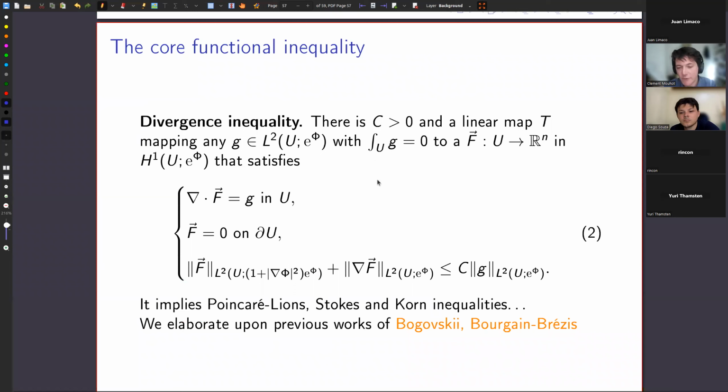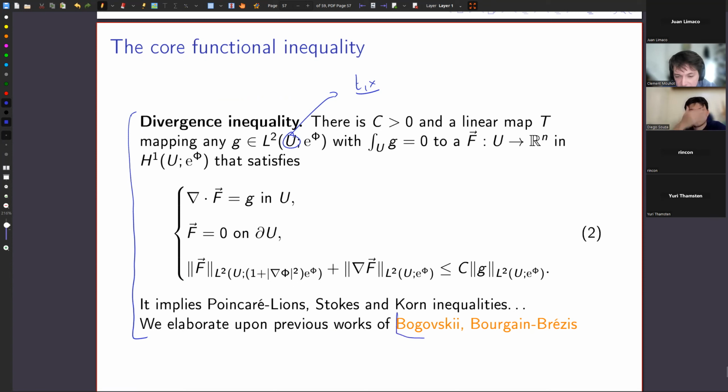We reduce everything to using what we call the divergence inequality. So U here now will be a domain in space and time, and we reduce entirely the observability inequality and therefore the spectral gap to the following functional inequality. This inequality is very nice.